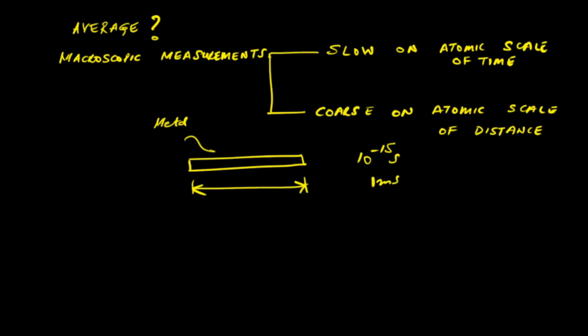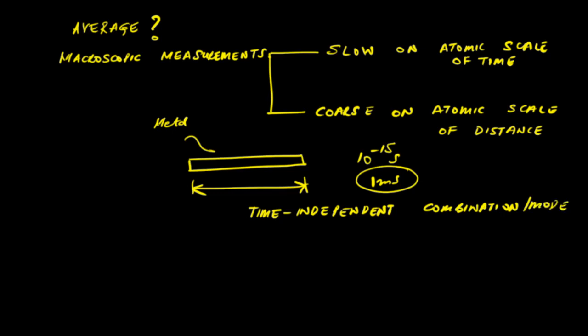So when we take measurements over time scales that are much larger than the atomic time scales, what we measure is a time independent combination of the coordinates of the atoms, or a time independent mode in which these atoms move, and all the rest of the modes in which these atoms move are averaged out, because we have taken our measurement over a much larger time scale compared with the atomic time scale that is characteristic of the vibrations of these atoms.